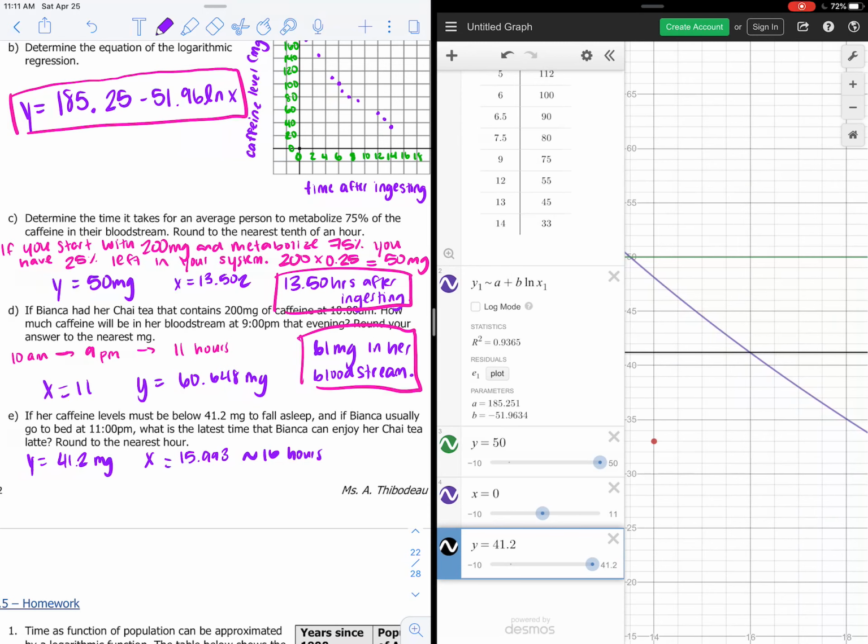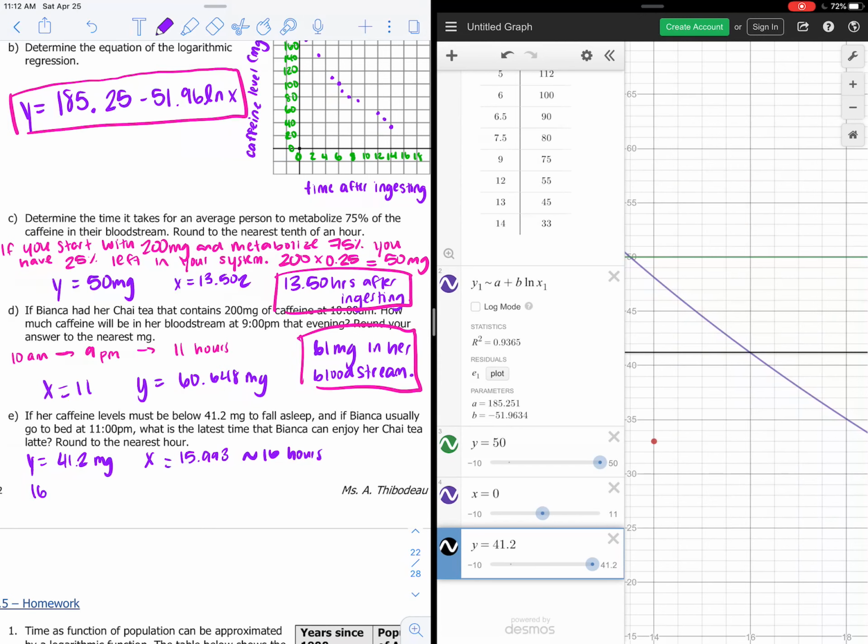Okay. If she goes to bed at 11 p.m., that means she had to consume that chai tea latte 16 hours prior to, right? Because it takes 16 hours for her body to process that and get to a level of 41.2 milligrams, which means if she goes to bed at 11 p.m., she needs to have had that chai tea latte 16 hours before.